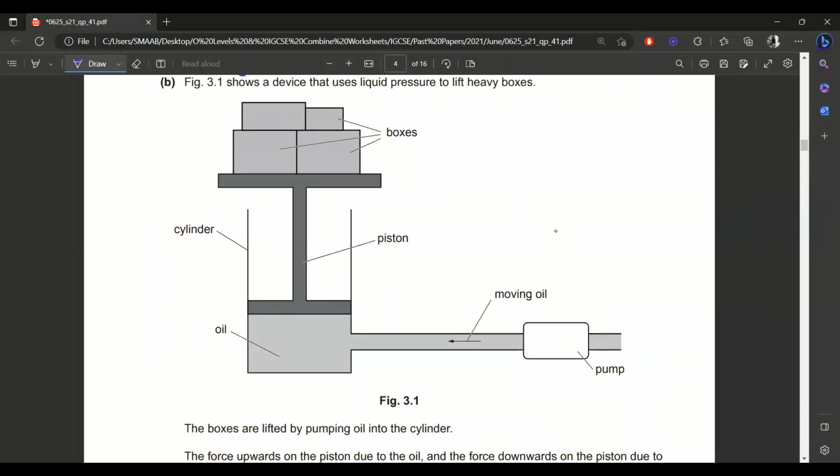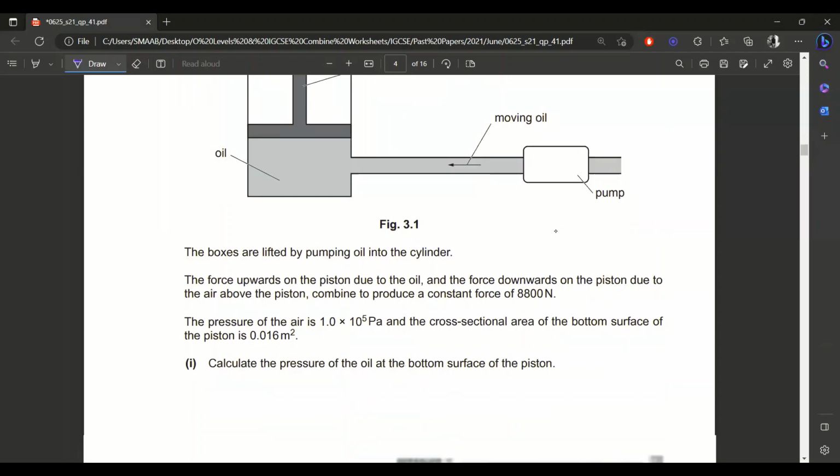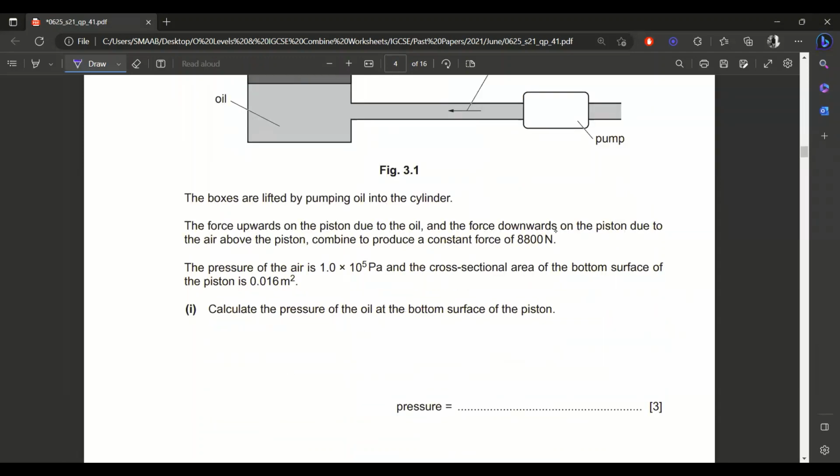Okay, so part B, figure 3.1 shows the device that uses liquid pressure to lift heavy boxes, and the boxes are lifted by pumping oil into the cylinder. Okay, so this question is related to pressure. And the force downward on the piston due to the air above the piston combined to produce a constant force of 8800 Newton.